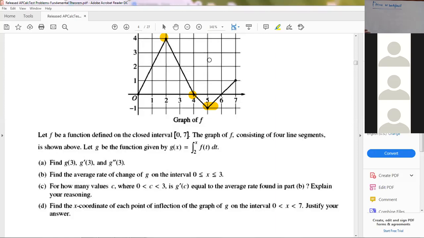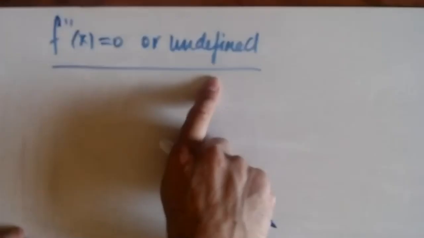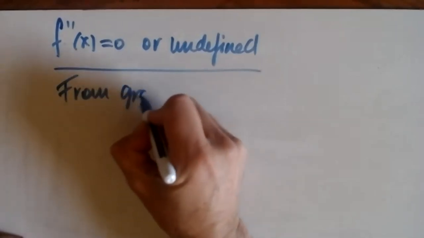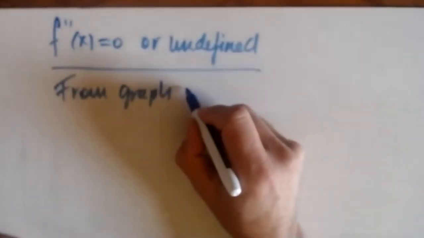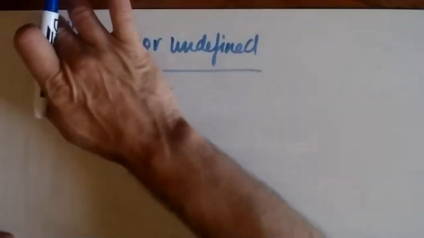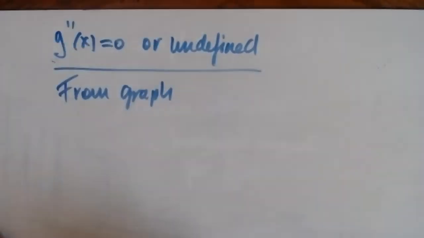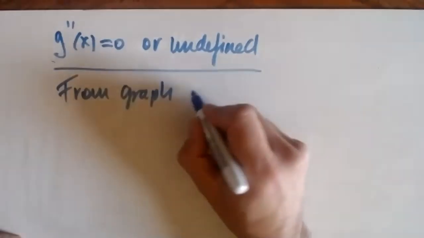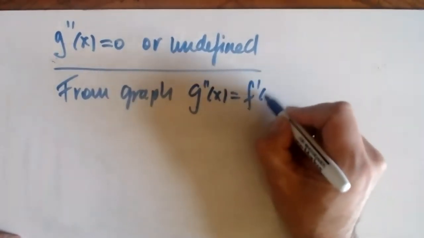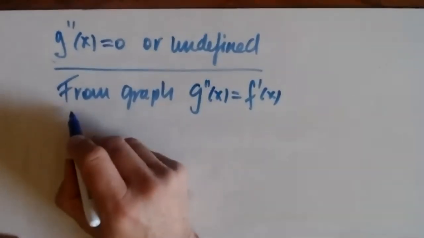So this is what you're looking for. F double prime of x is 0 or undefined. Let me see. Oh, is it really this one? G double prime of x is 0. From the graph, G double prime of x equals F prime of x. Yes.